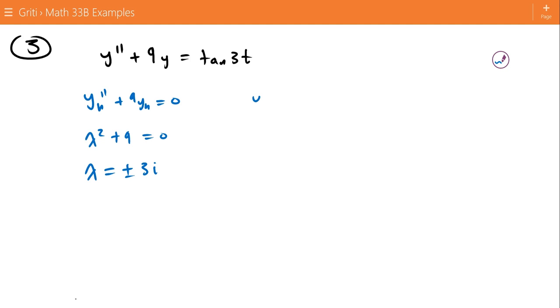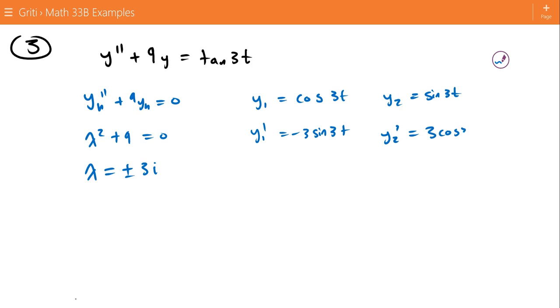This gives us a y1 of cosine 3t and a y2 of sine 3t. This is y1 prime of negative 3 sine 3t and a y2 prime of 3 cosine 3t.